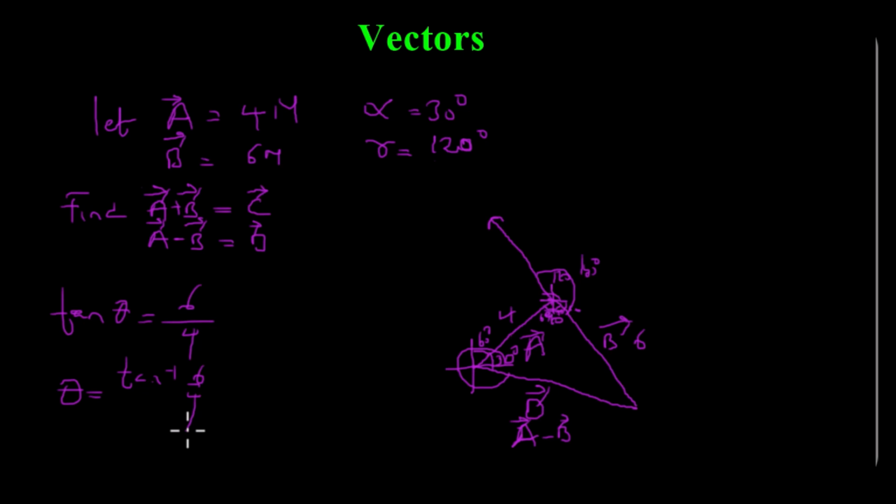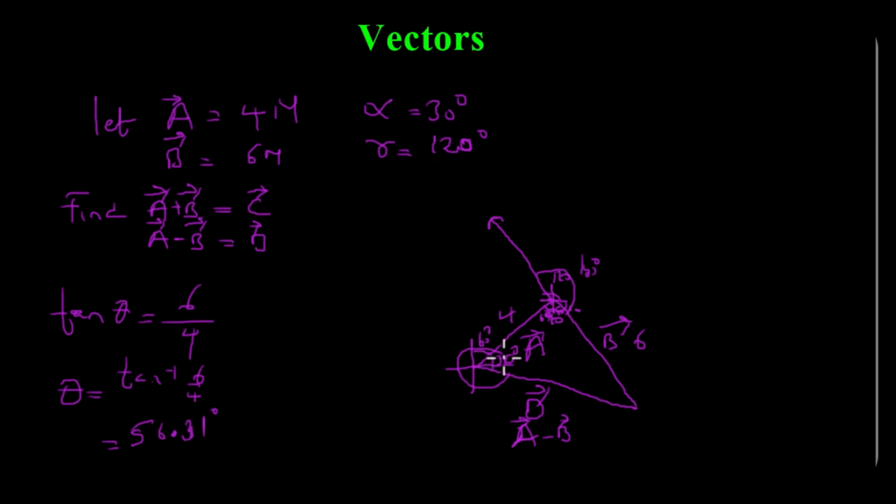So we're having 56.3099. This is equal to 56.30. Okay, so let's just say 56.31, to make it to two decimal places, in degrees.